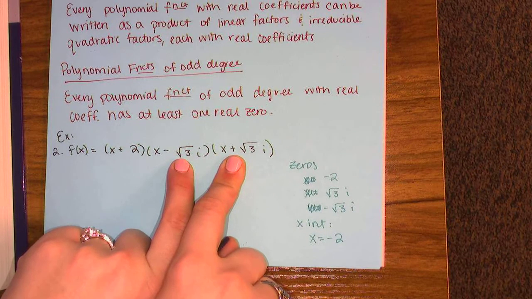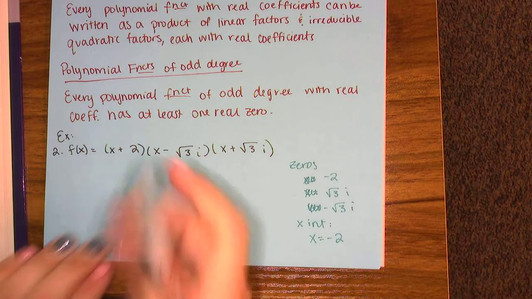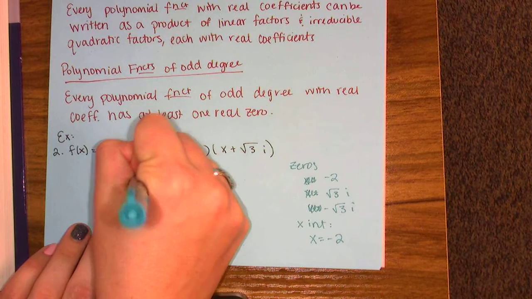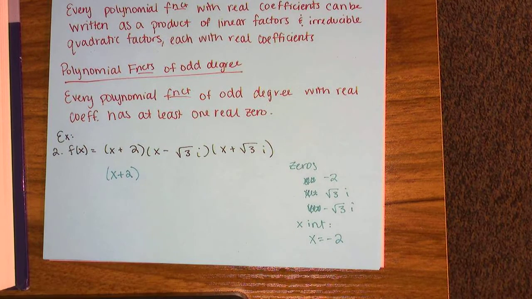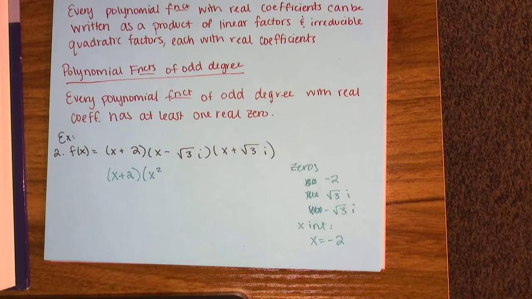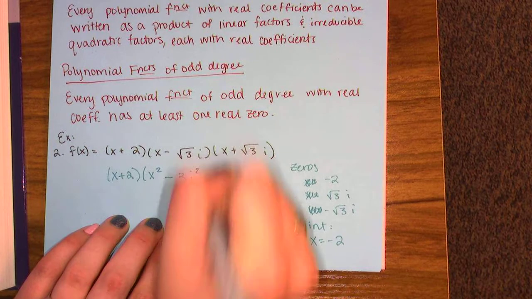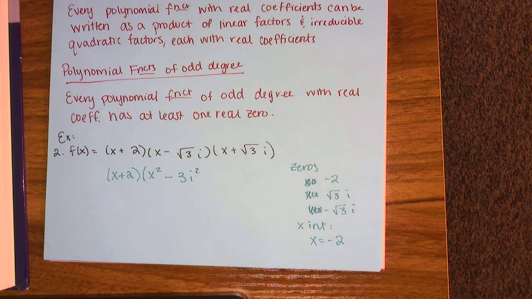Okay, so what does that give me over here then? So I'm going to copy this first factor down. So what does this give me? i squared. i times i, okay. And then what is i squared?